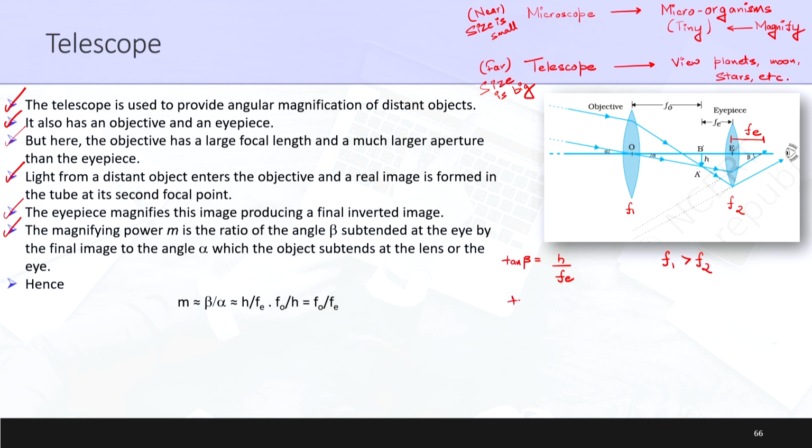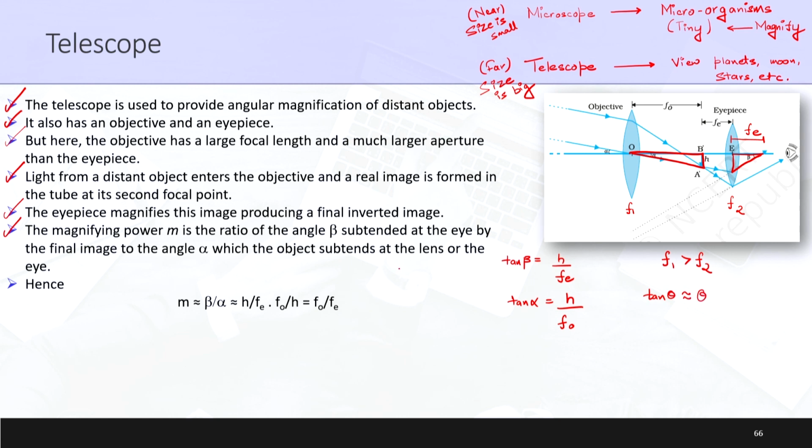Similarly, for tan alpha I use this triangle, and this will be nothing but h by f naught. Now from the basic concepts of the microscope, we understood that tan theta is approximately equal to theta.